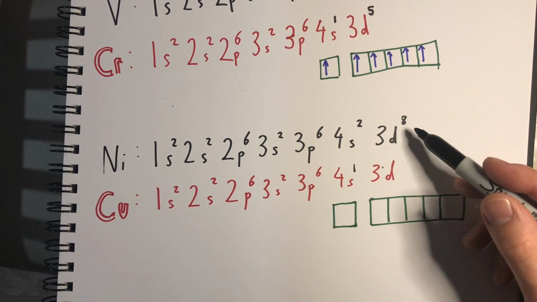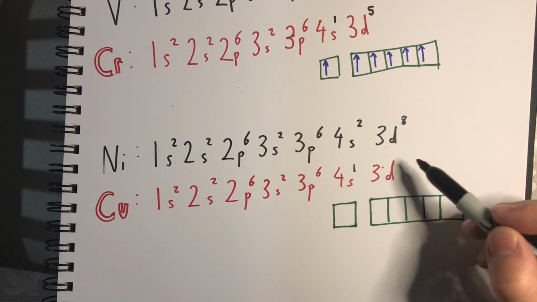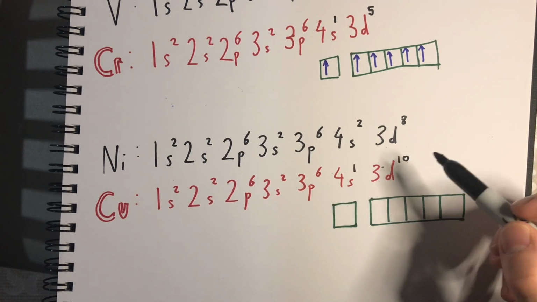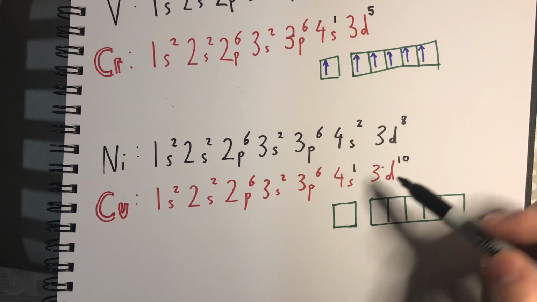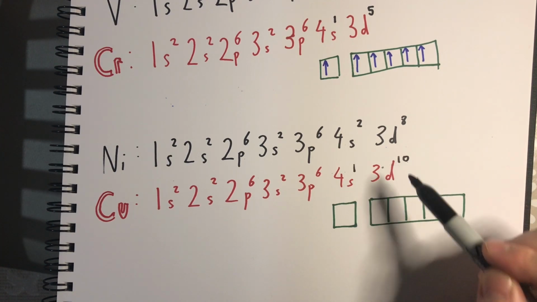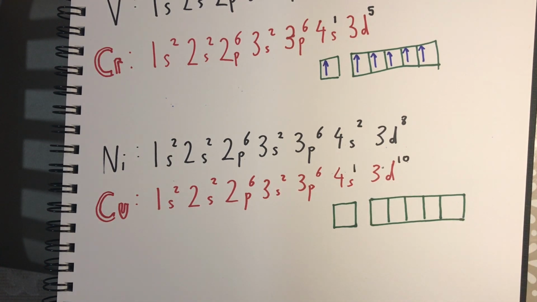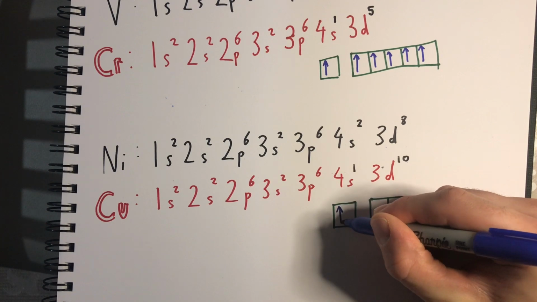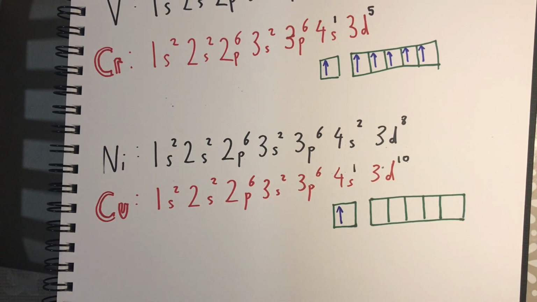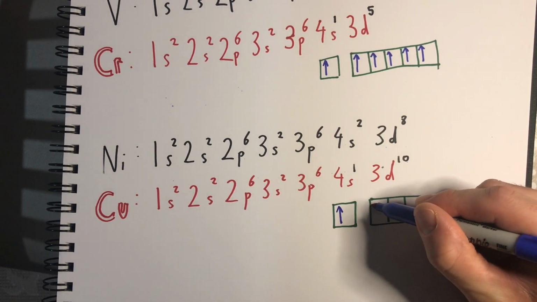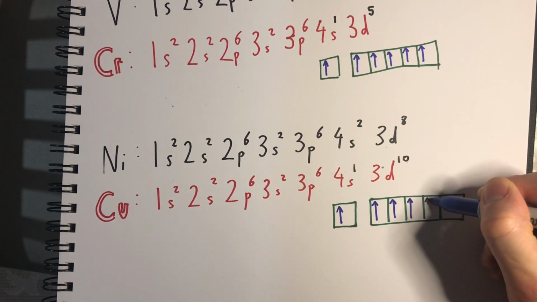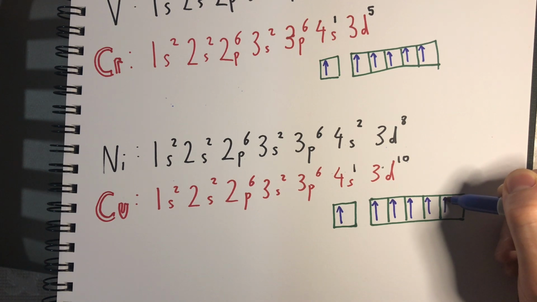So we add one electron plus one electron from 4s, which gives us the number 10 here. One extra electron from nickel plus one of the electrons from 4s has gone to the 3d subshell. How that would look with the box and arrow would be one arrow in the 4s, just like we saw for chromium, and then this 3d subshell would end up being complete.